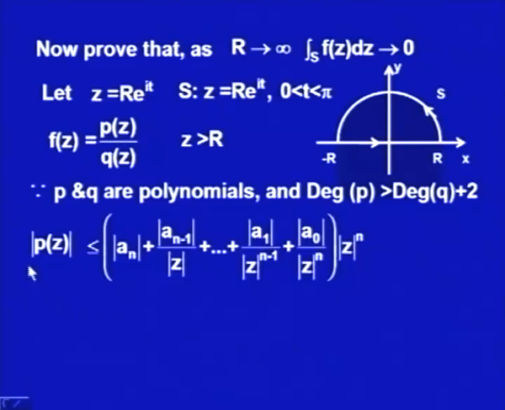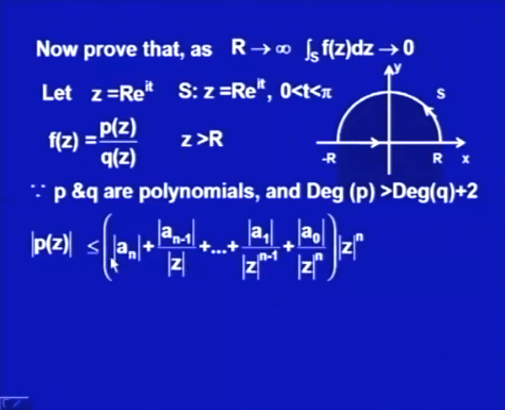If I take the modulus on both sides, we know that mod of x plus y is always less than or equal to mod x plus mod y.